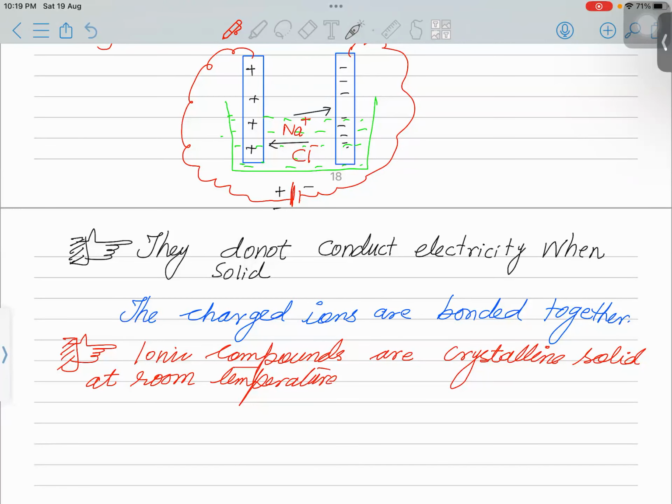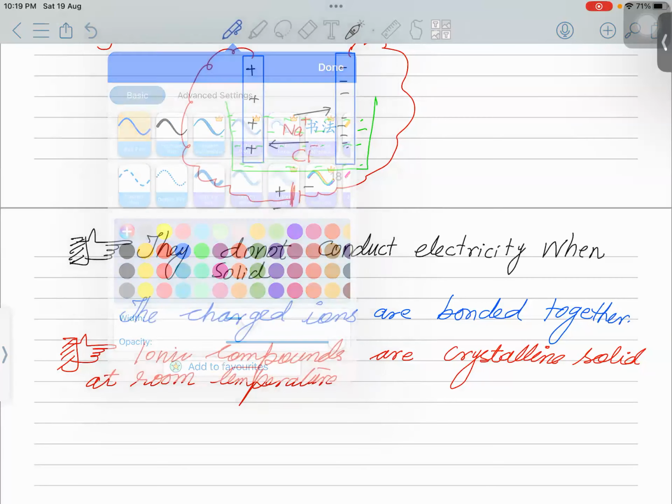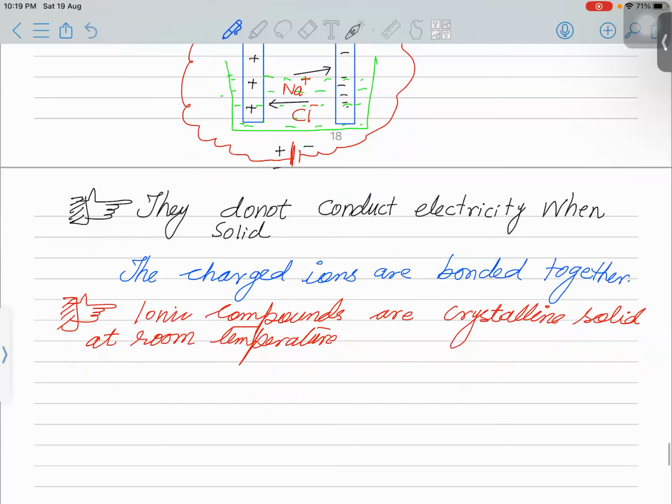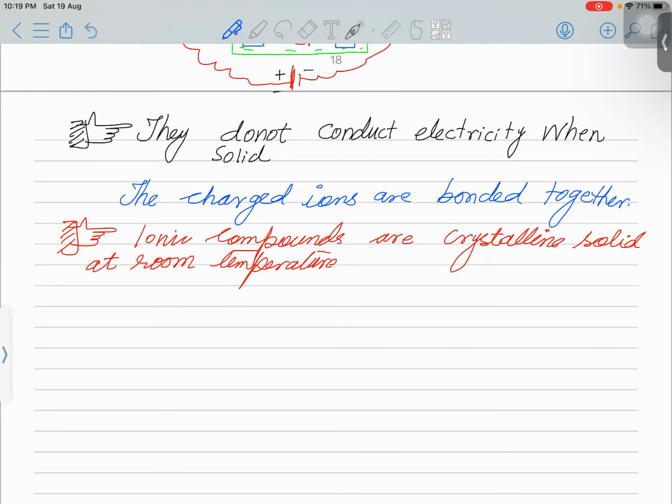Can you tell me why they are crystalline solid? Can anyone tell me why they are crystalline solid? Do you know? Tell me yes or no. No, sir. Okay.